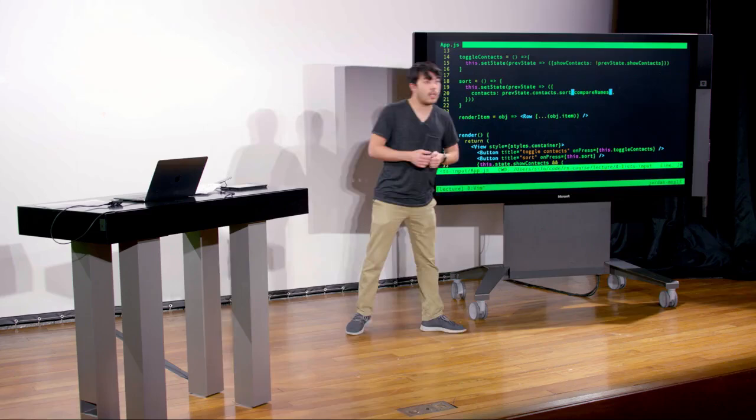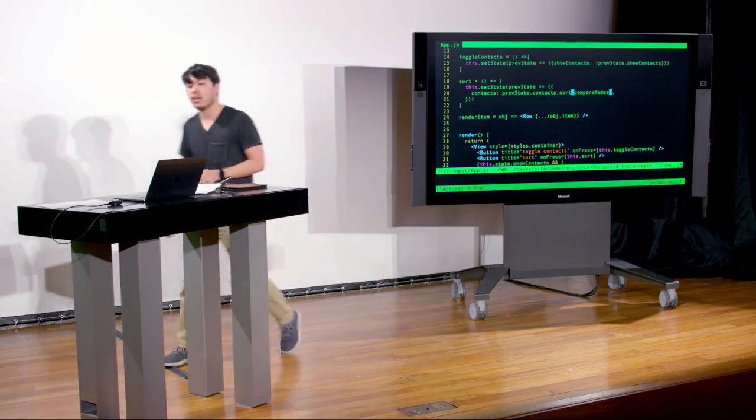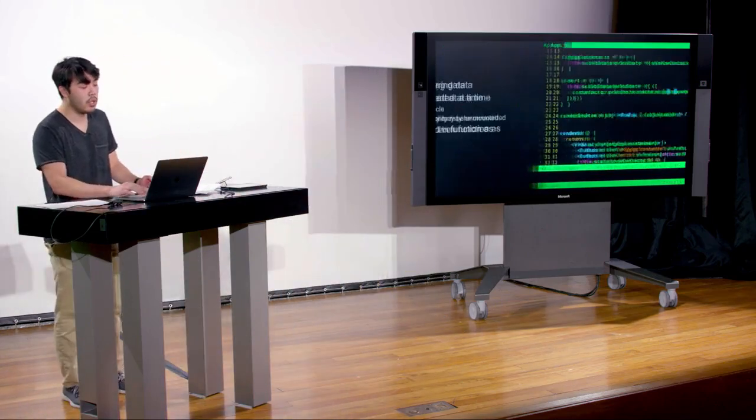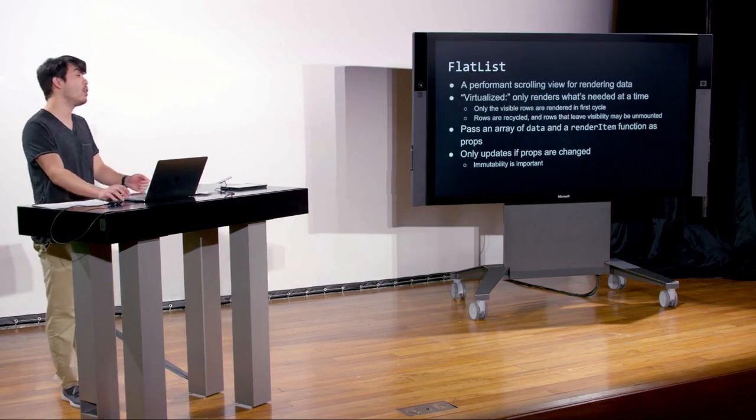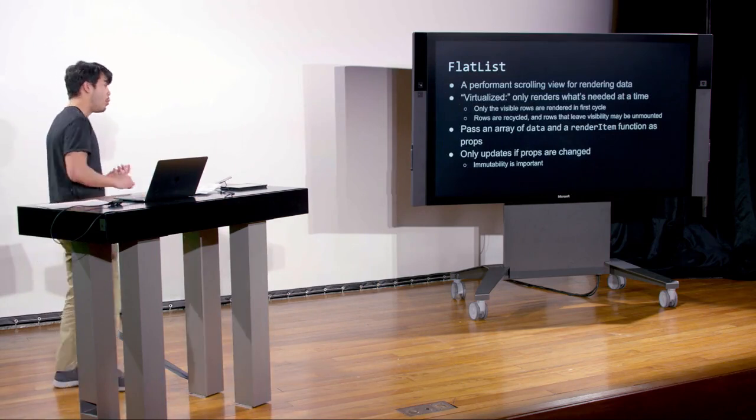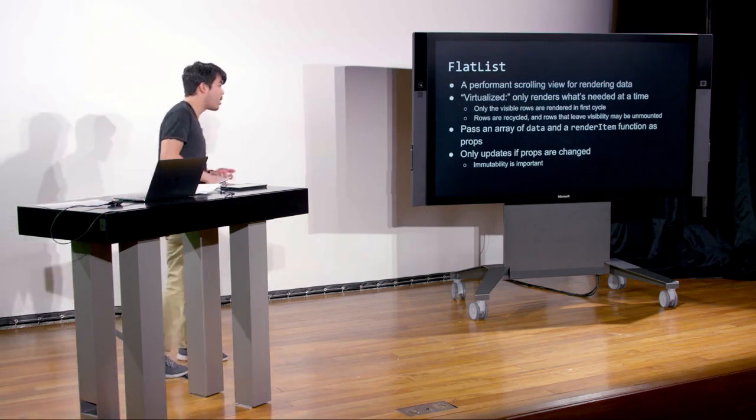And so if we want to do this correctly, we actually need to use what's called immutability. Immutability is this concept by which if we're given some sort of object, or if we're giving some sort of value, that value is guaranteed to not be mutated.